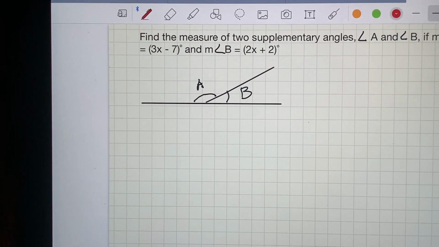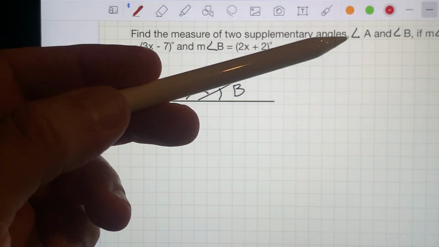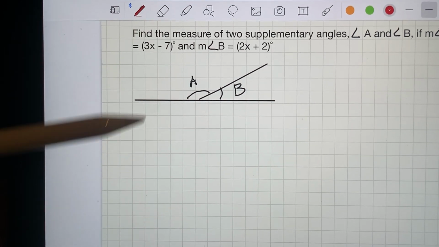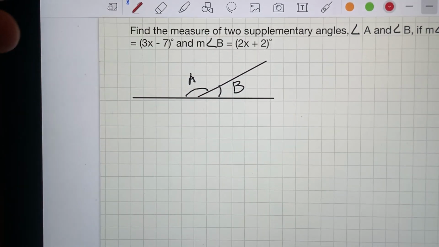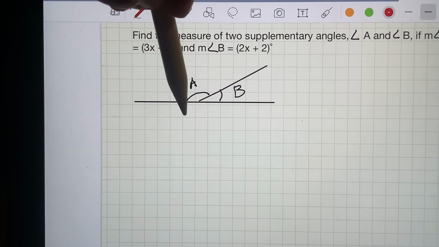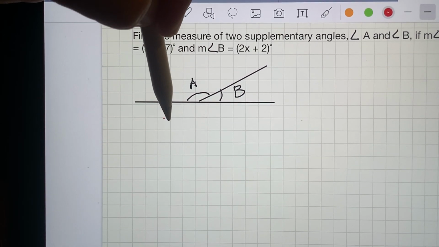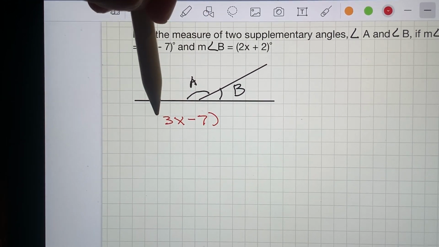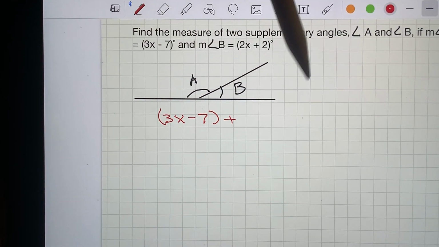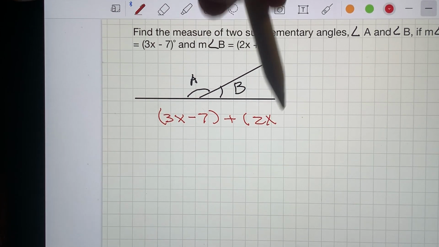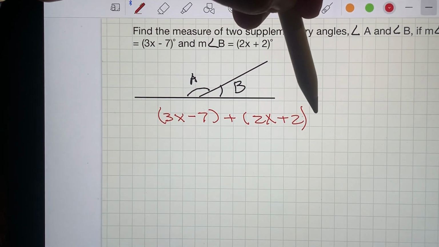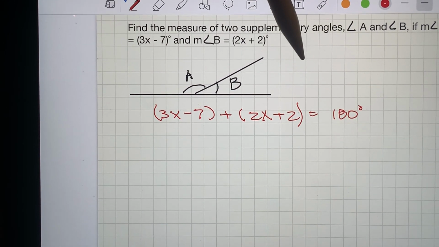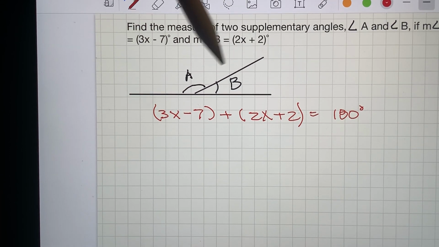The next exercise says, okay, find the measure of two supplementary angles, A and B, if A equals 3x minus 7 and B equals 2x plus 2. So what I'll do here is I'll say 3x minus 7 plus 2x plus 2 has to be equal to 180 degrees because they're supplementary.